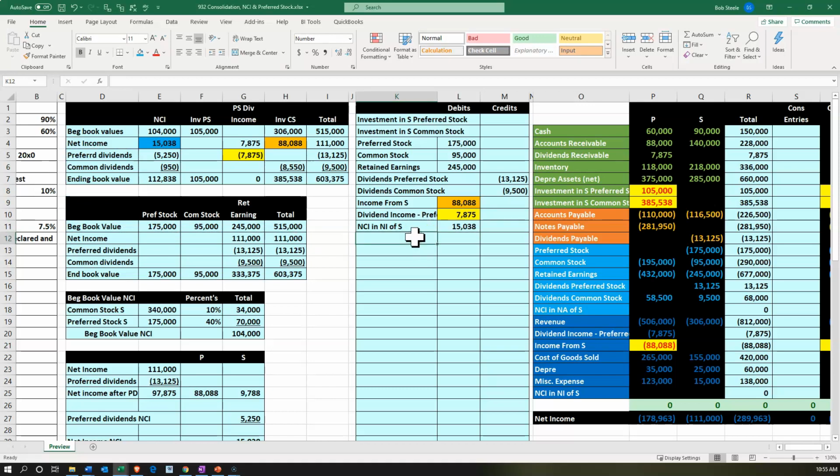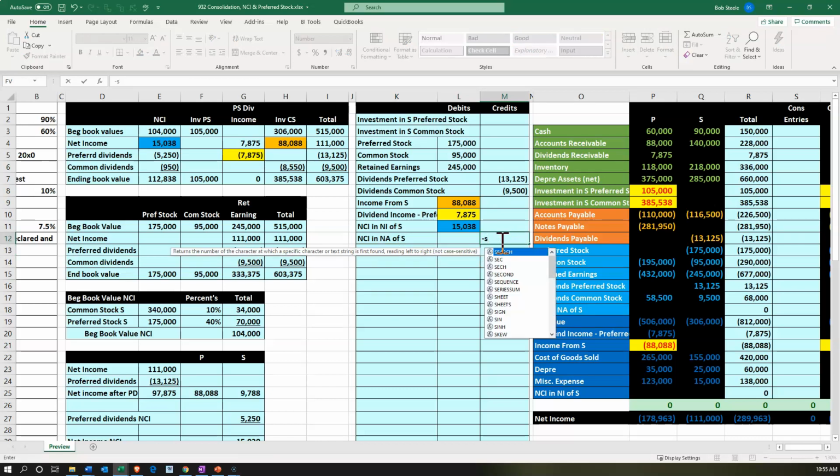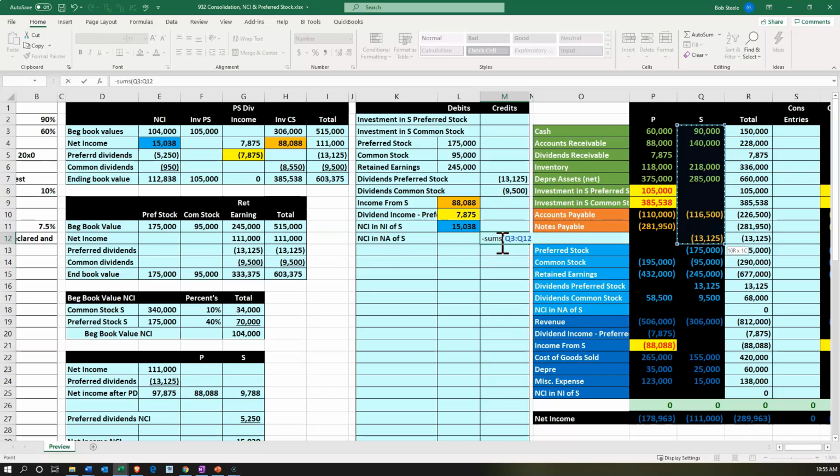Next, we typically have the non-controlling interest in the net assets. So let's make this blue too, because it's blue over here. And that's usually calculated as something like this, negative sum. That's how we've usually been calculating it, right? Negative sum of the assets minus the liabilities, and then multiplying that times the non-controlling interest percent, which would be that 10%.